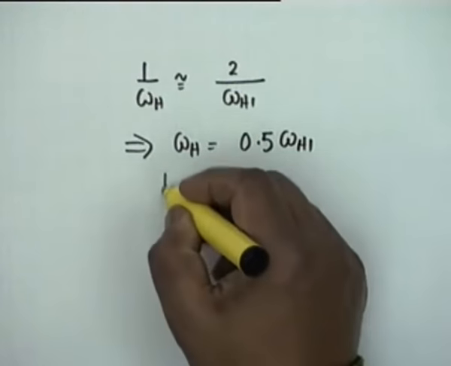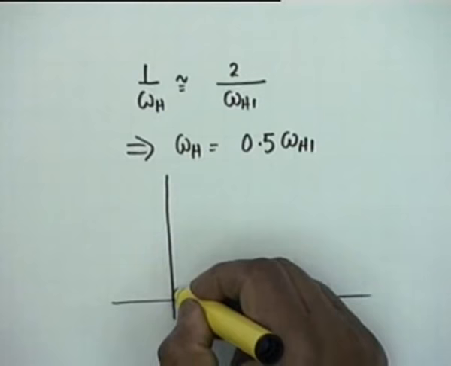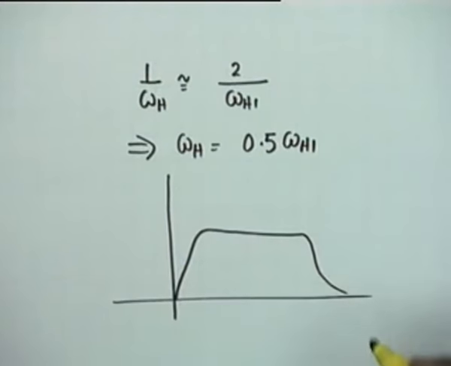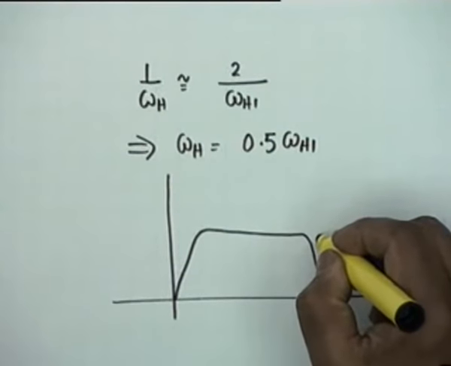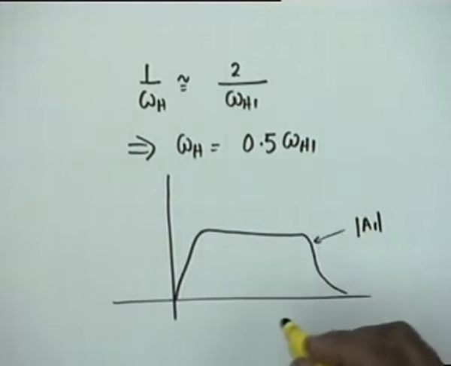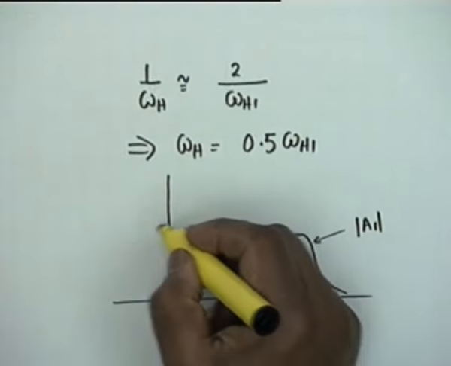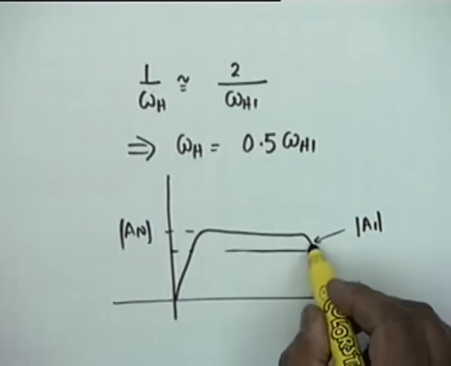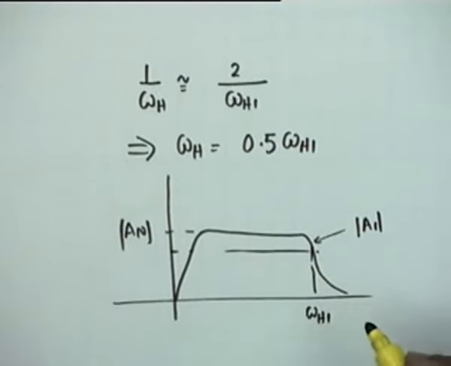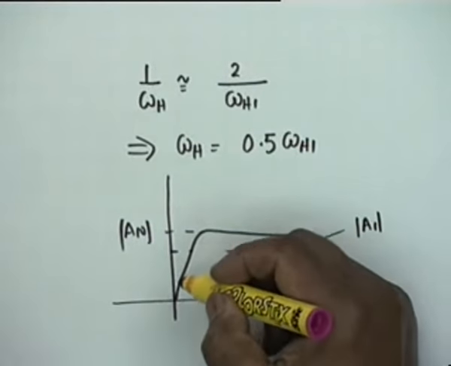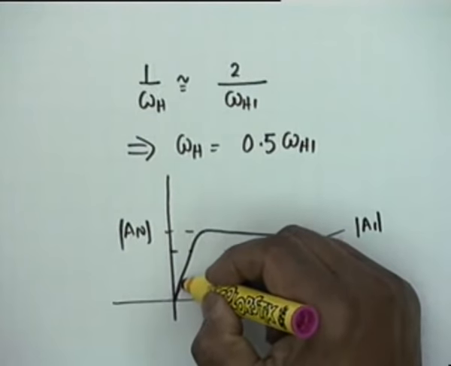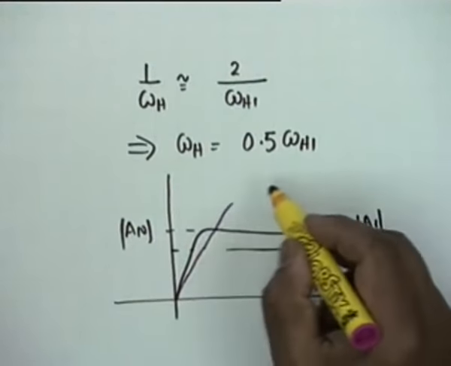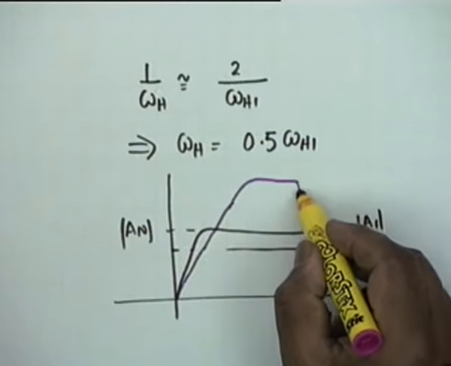Alright. In other words, if my gain of individual stage is like this, this is A1 magnitude, this is A1O, and the high frequency cutoff point is omega H1, then by cascading two stages, what we will get is something like this.